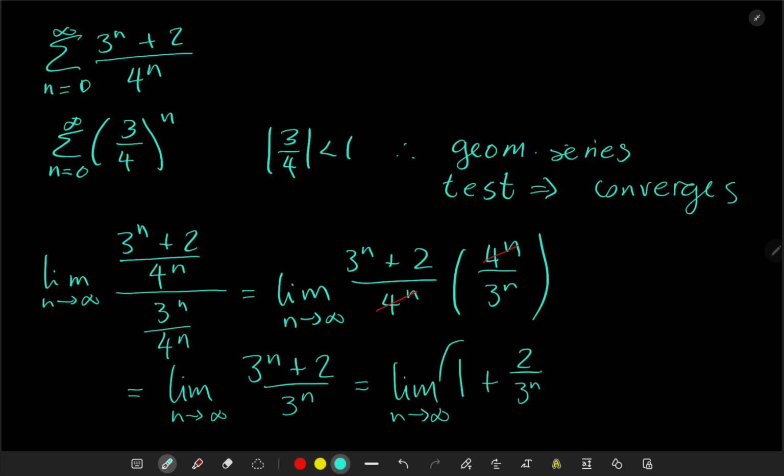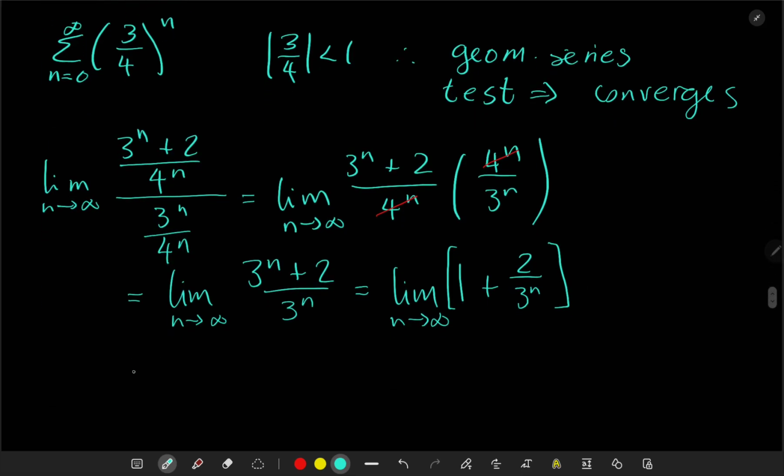As n goes to infinity, that exponential function 3 to the n goes to infinity. The 2 is fixed, so you have a fixed number divided by something that goes to infinity. This term is going to 0 because the denominator is going to infinity and the numerator is fixed. So your whole limit is going to 1.